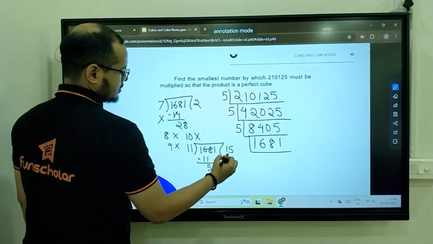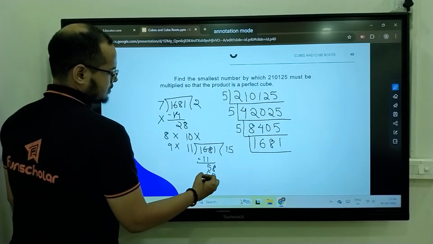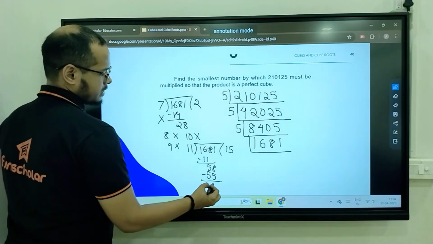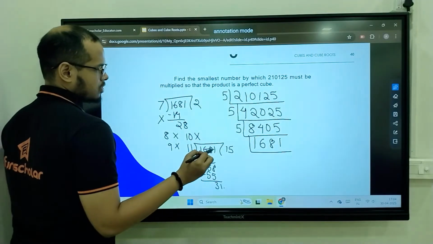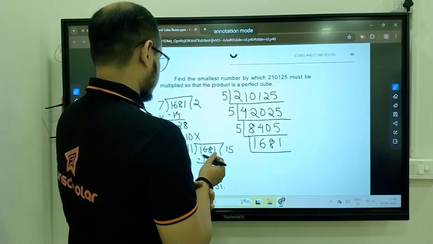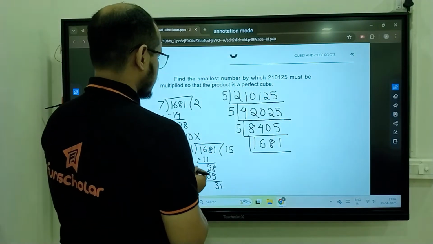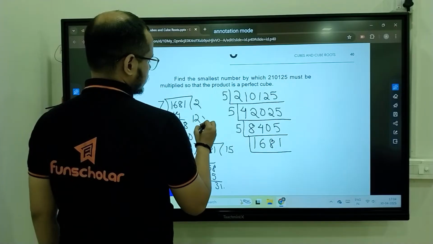Again not. So 11 is also not a value, 12 is also not going to be a value.